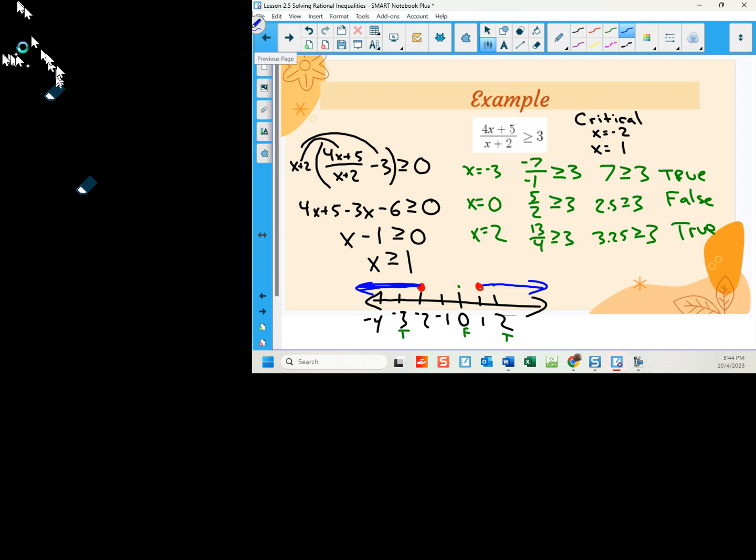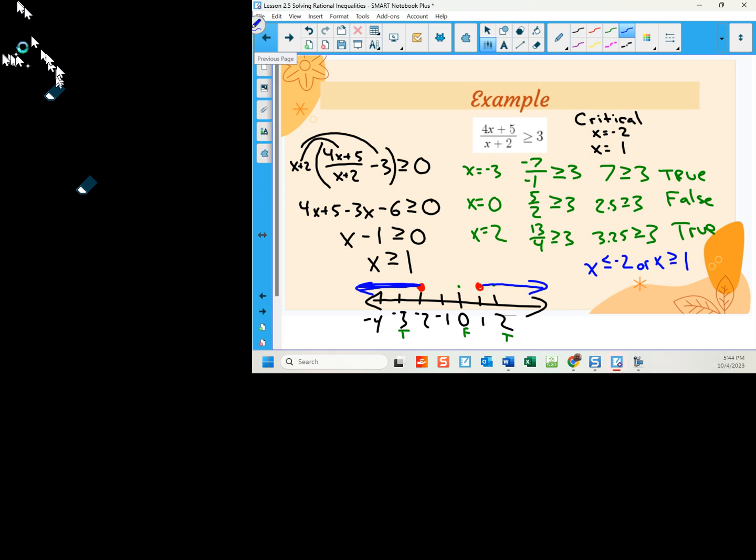Now, when I want to state my answer here, I can state it as an inequality. x is less than or equal to negative 2, and, wait, let me think about this. x is less than negative 2, or x can be greater than or equal to 1.